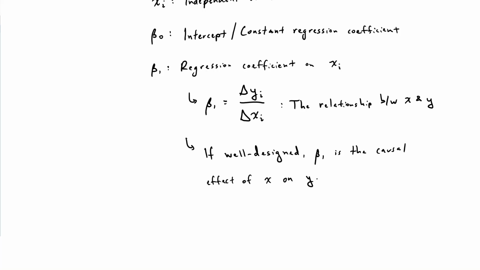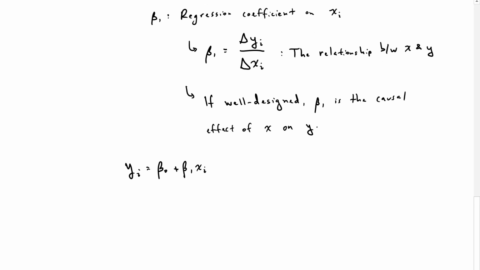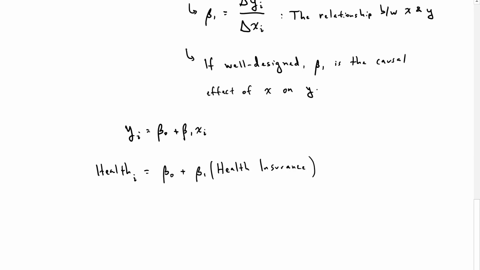Okay, and so if we think about this equation, then yi is equal to beta 0 plus beta 1 xi. And if we wanted to think about this as health, the health of person i is going to be some number on the constant coefficient plus the coefficient on health insurance for person i.